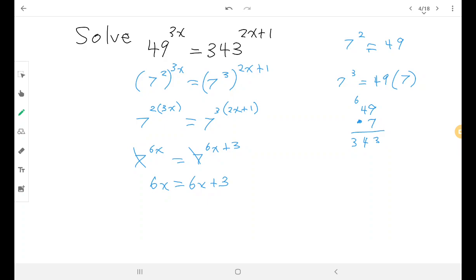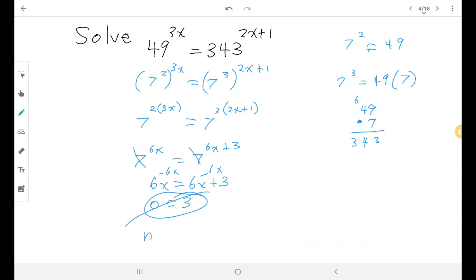So now we're going to run into a weird thing, right? Because I'm going to subtract 6x on both sides, and I'm going to get 0 equals 3. But that's clearly not true, right? So what that means is that there is no x that I could ever plug in that would work for this.